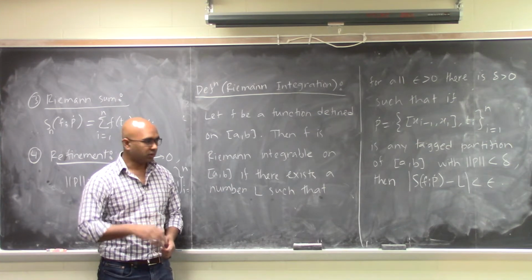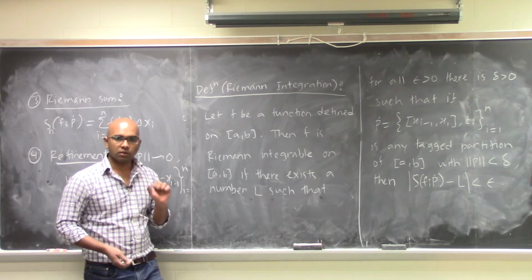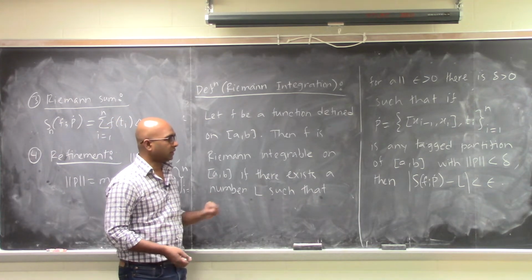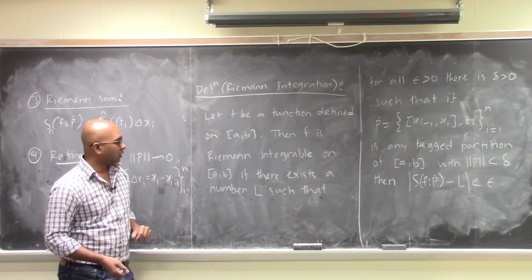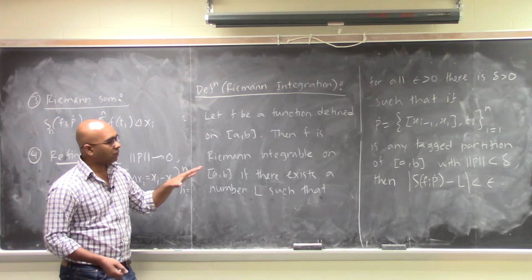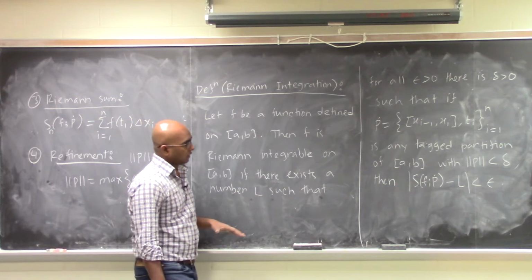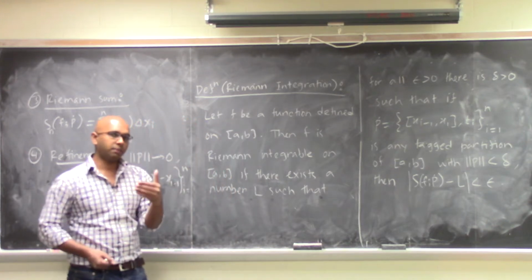I know this is a mouthful, but if you remember the pictures we have drawn, all those analyses, you'll find this very convincing. It's very natural. What we need here is that our Riemann sums will approach a fixed number.